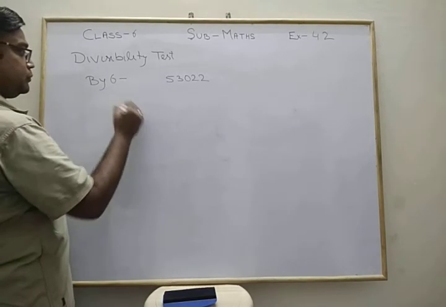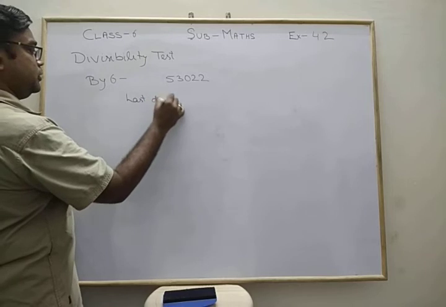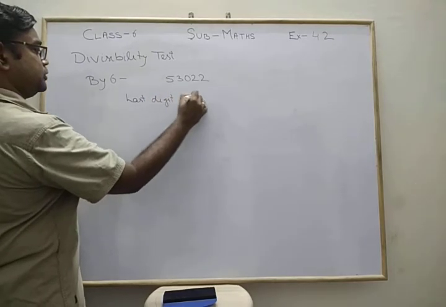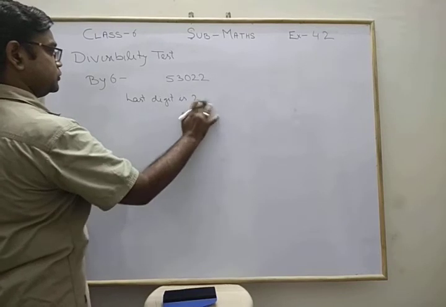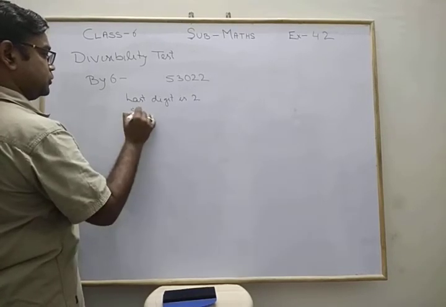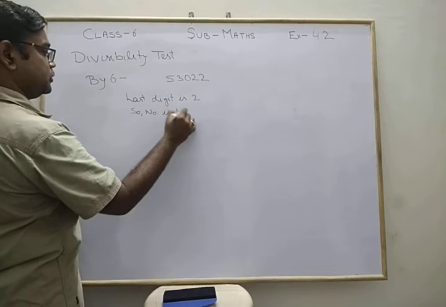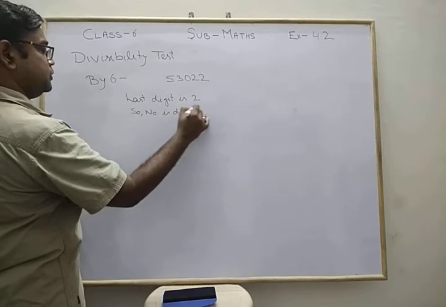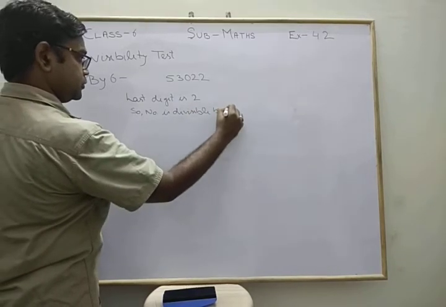So, the last digit is 2, so the number is divisible by 2.